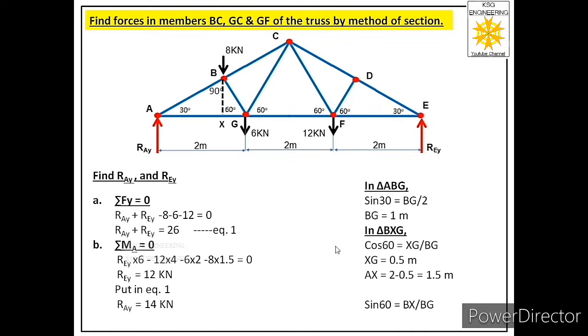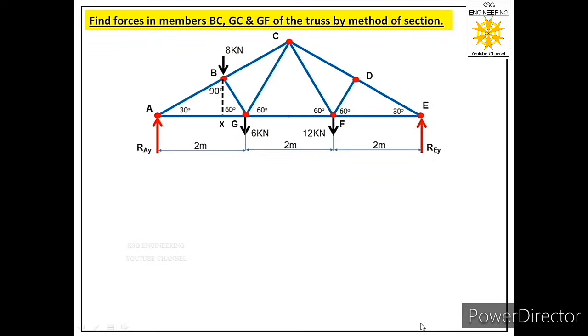So sine 60 will be equal to BX divided by BG. BG we have already calculated as 1 meter. So from here we will get BX as 0.866 meters. So this length will be helpful for next calculations.